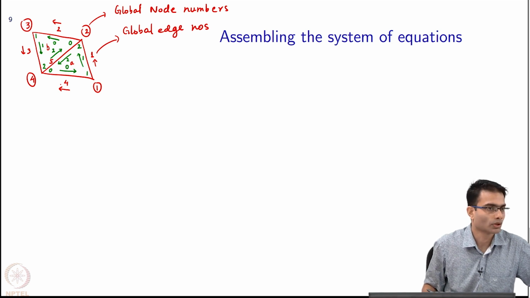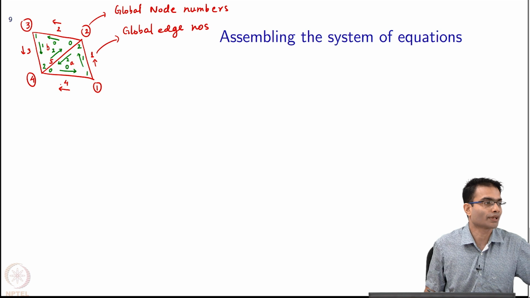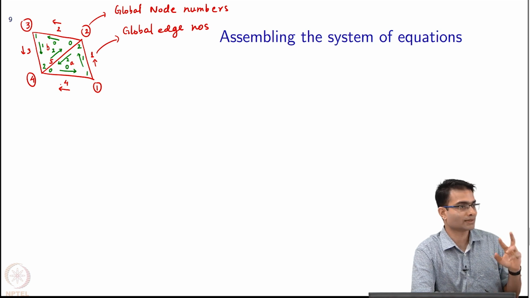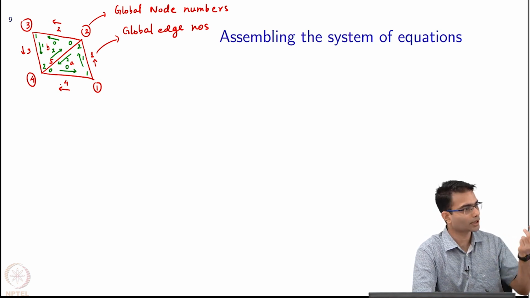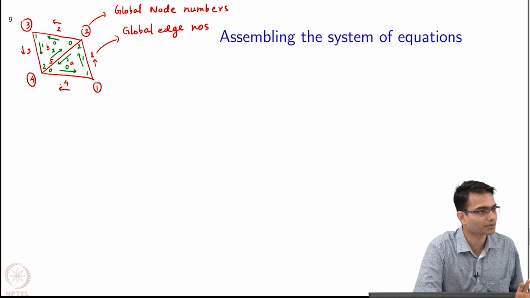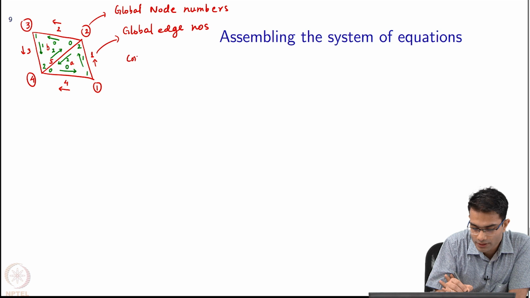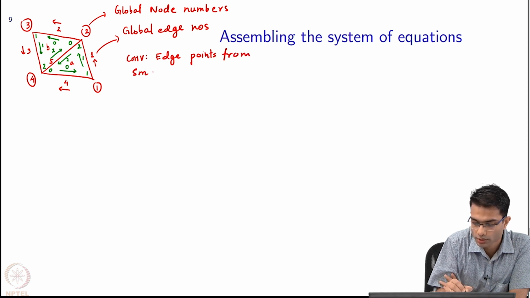Okay. So the only thing I have to take care of is that on a common edge, if the global and the local edges differ by a direction, then I have to add a minus sign in the equations. Because the convention I have taken is that an edge points from smaller number to larger number.